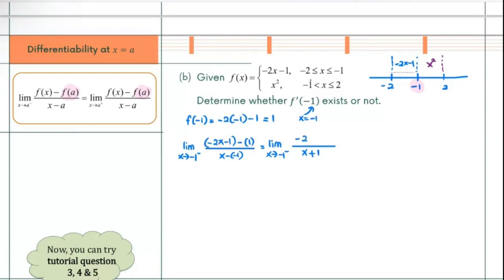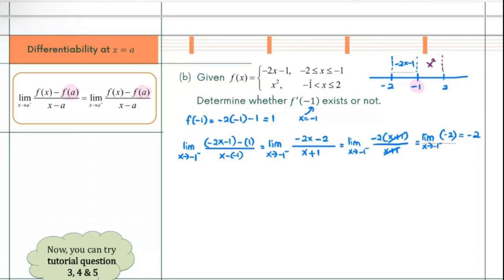So negative 2x minus 2 and I can factorize negative 2. Negative 2 in the bracket x plus 1 over x plus 1 so that ini akan potong. So tinggallah limit as x approaching negative 1 negative of negative 2. So the answer will be just negative 2. Okay, so nampak tak yang pertama ni jawapan dia adalah negative 2.